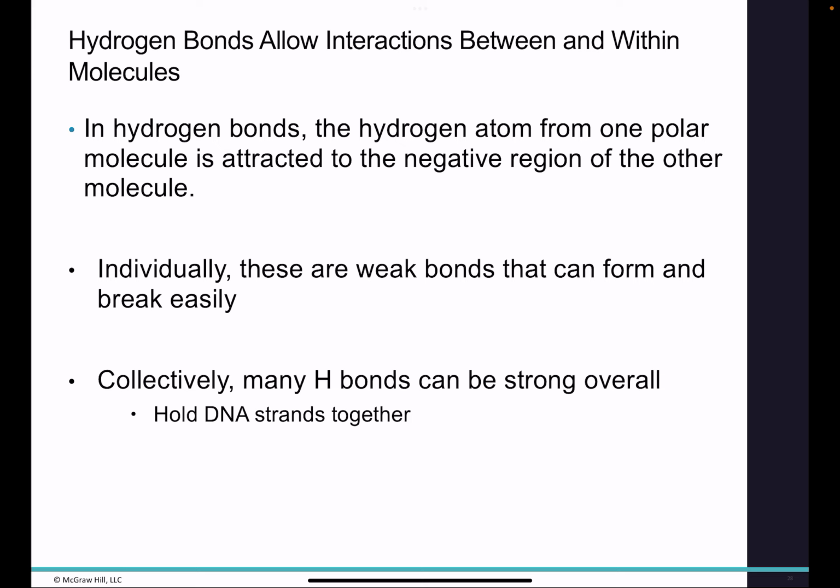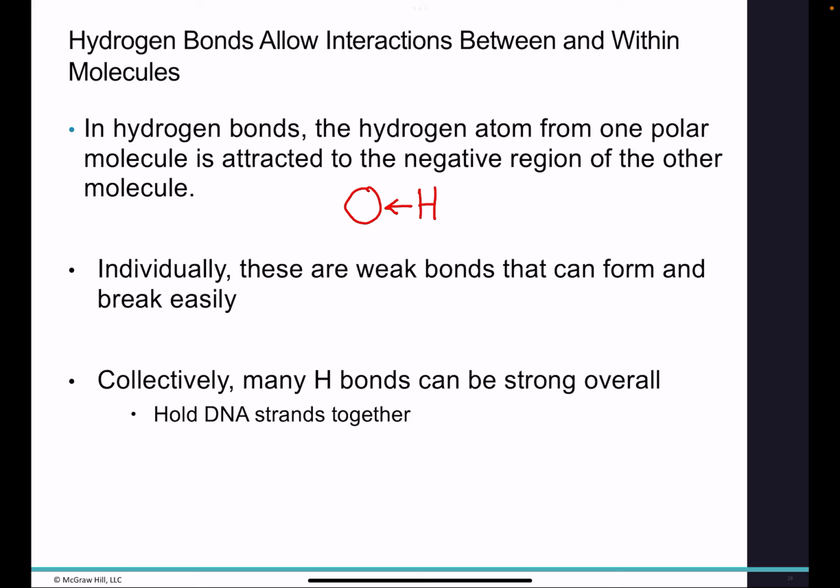So we talked about electronegativity and polar bonds, where we might have one atom that is very electronegative bound to another atom that is less electronegative. And in a polar bond, electrons are going to be more strongly attracted towards one of our atoms, usually oxygen, although for our classes it could also be nitrogen.